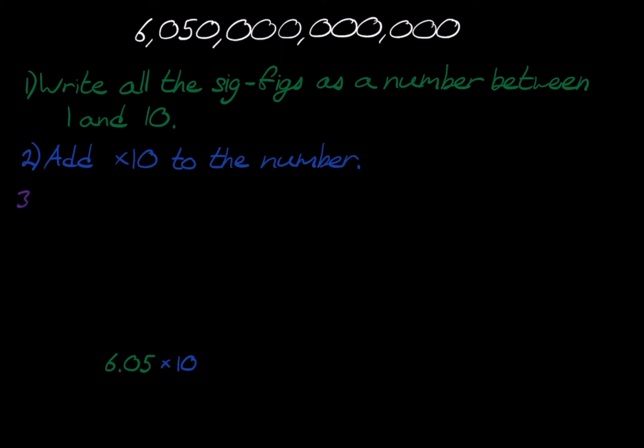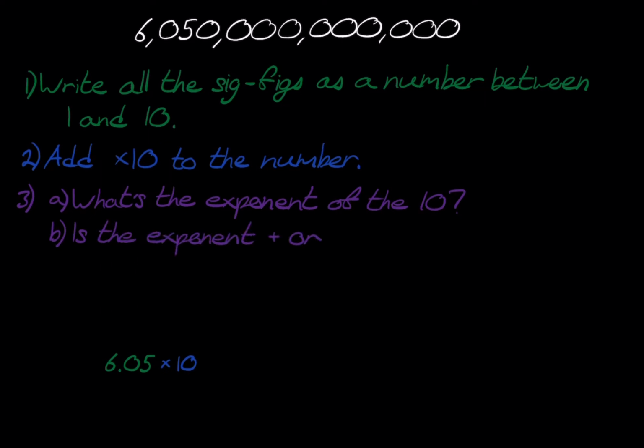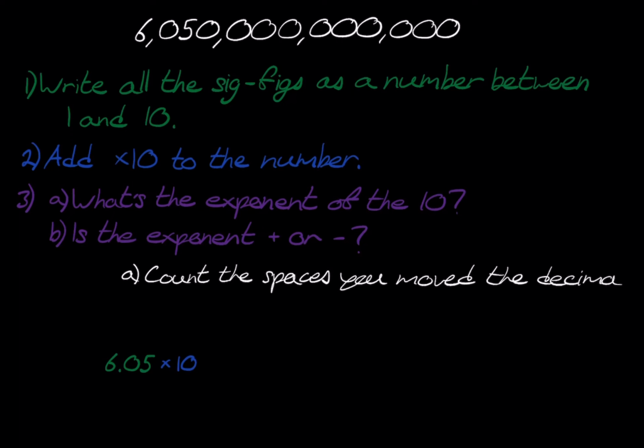Finally, step number 3 is to determine the exponent of the 10. This step has 2 parts. The first part is figuring out what the number is, and the second part is determining whether that number is positive or negative. So to determine the number, we count how many spaces you move the decimal to make the number between 1 and 10, and that's going to be your number for the exponent.